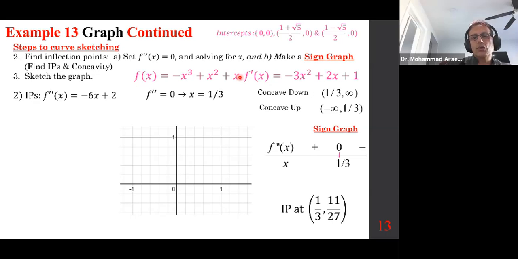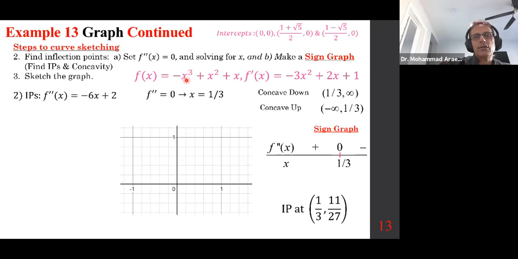So again, you just plug it into this one, class, okay? Negative 1/3 cubed. If you were to do that again, I give you the first step and then you can finish that. You plug in 1/3 into this function.